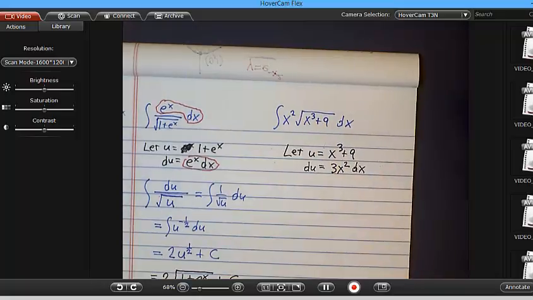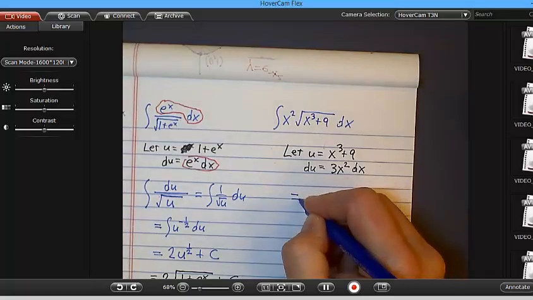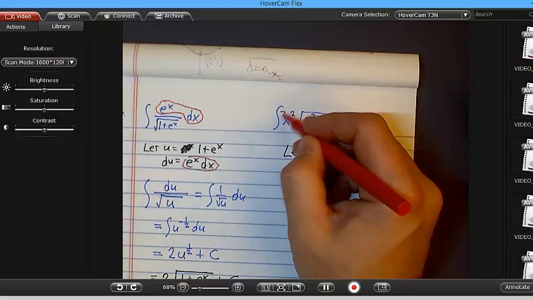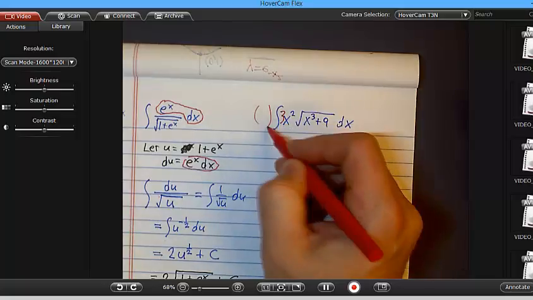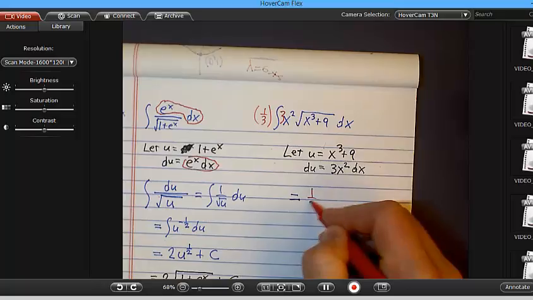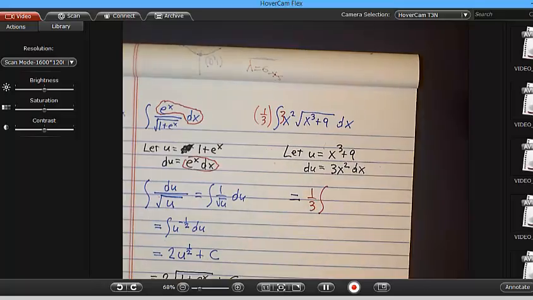Do I have the du? Not quite. What's the only thing I need? I need a 3. Can I get it? Yes, I can. So I'm going to say that this is equal to what? Well, to get the 3 in there, I will also multiply the outside by 1/3. So I'm going to say this is 1/3 the integral of what?